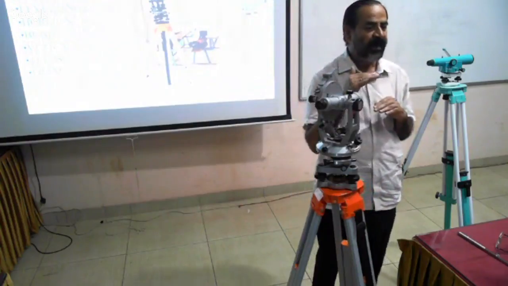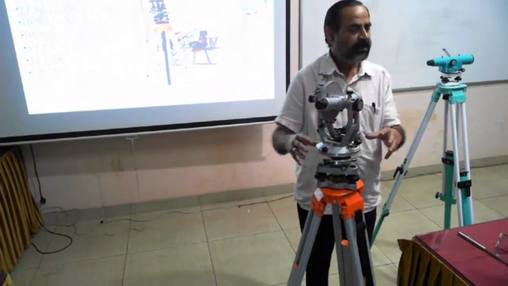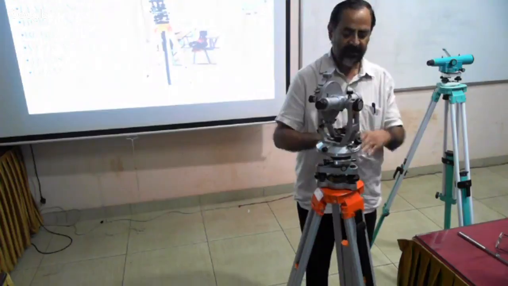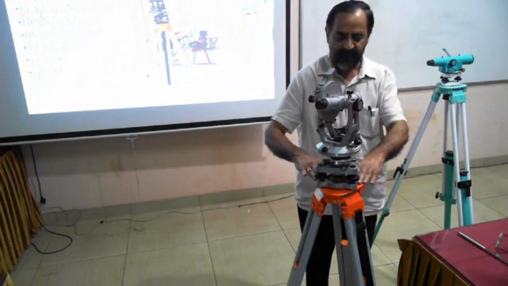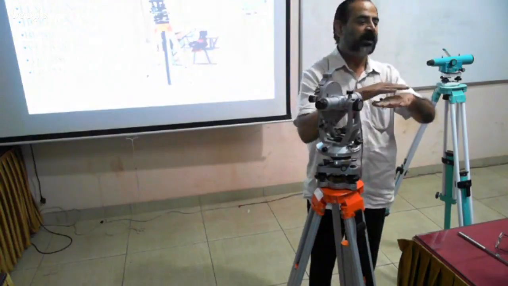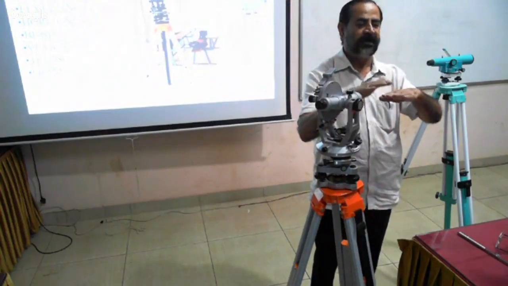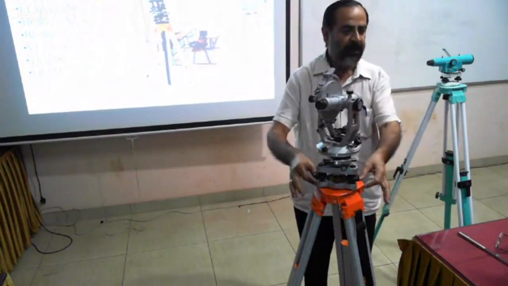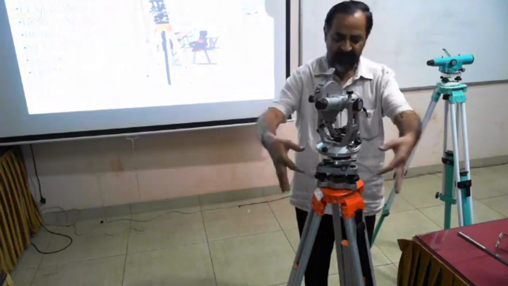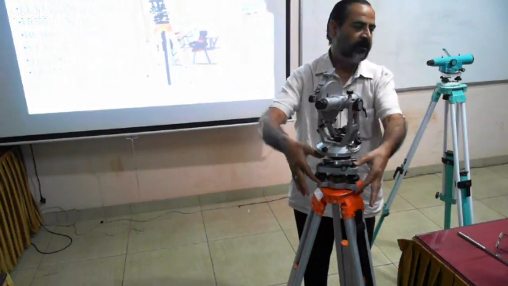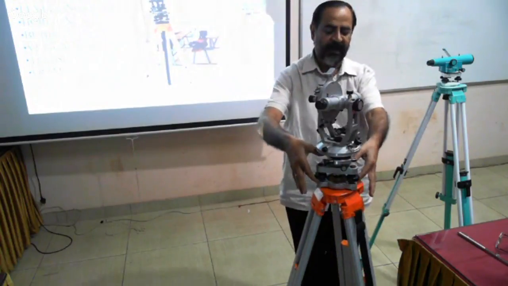And always when you set up the tripod, the triangular plate should be made horizontal. As much as possible, we must make it horizontal. That is number one. Now this is the tripod, and this is called the leveling head.